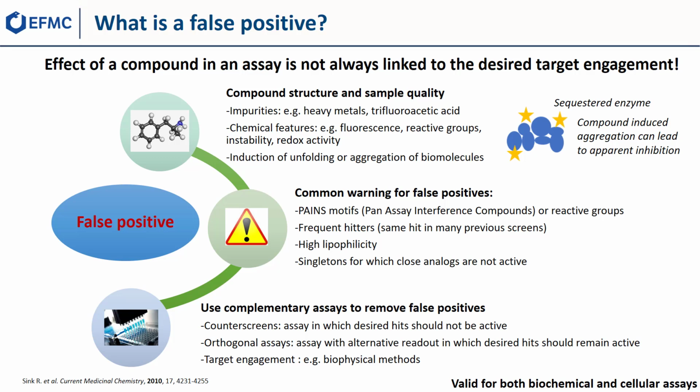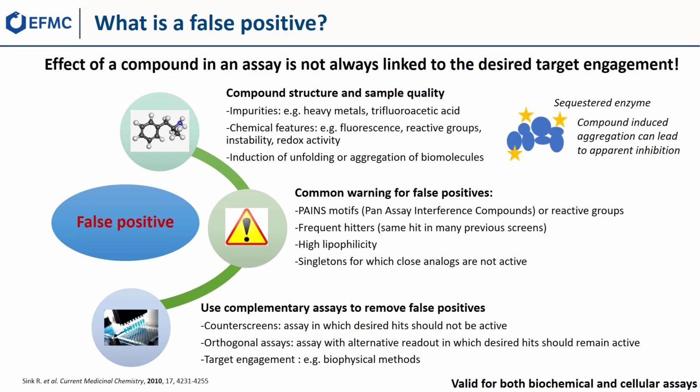Now, there are common warnings which can help you identify false positives. First, and we've discussed that before, compounds containing PAINS motifs, pan-assay interference compounds, or reactive groups. Frequent hitters, so compounds which have hit in many previous screens, are usually interesting to flag because they're either false positives, compounds which usually interfere with assays, or they can just be promiscuous compounds, and these are usually also undesired.